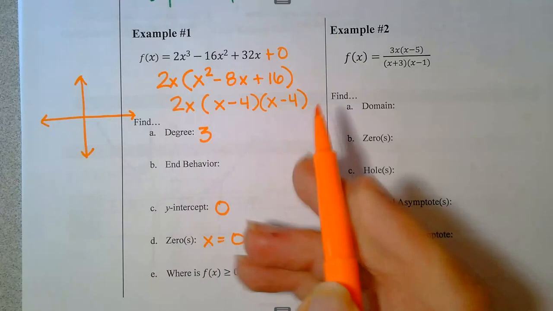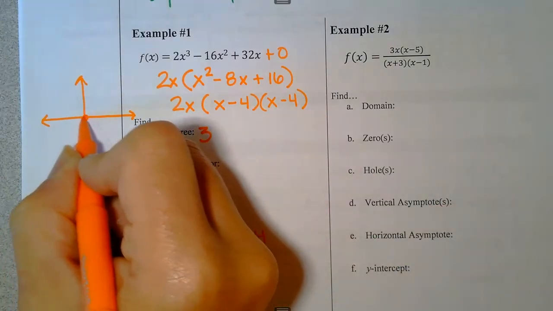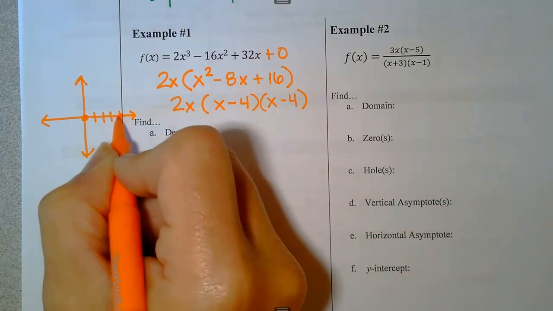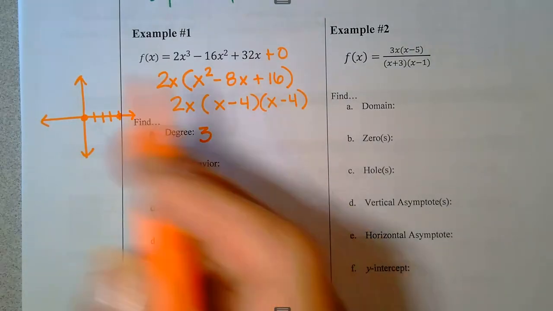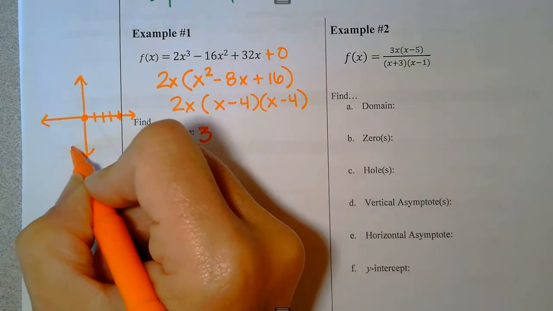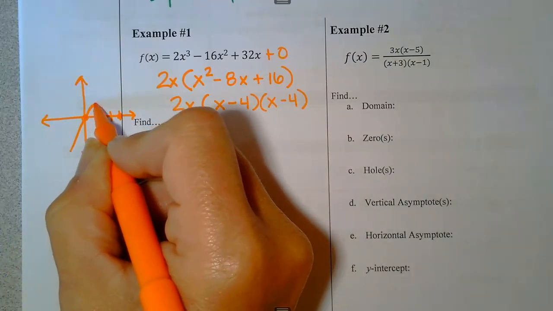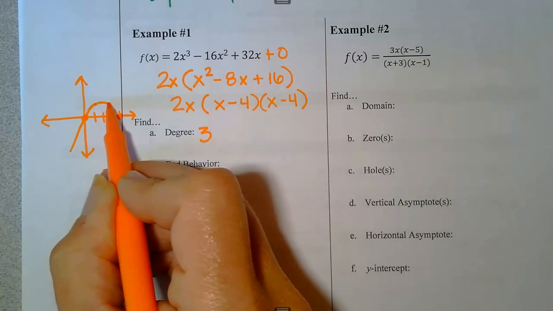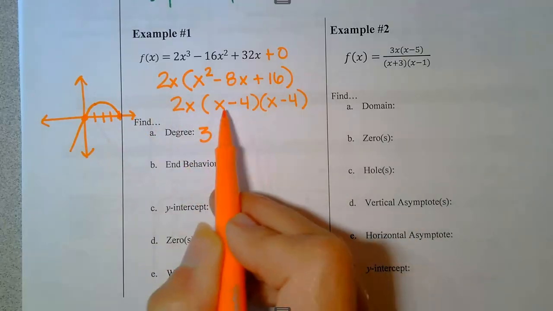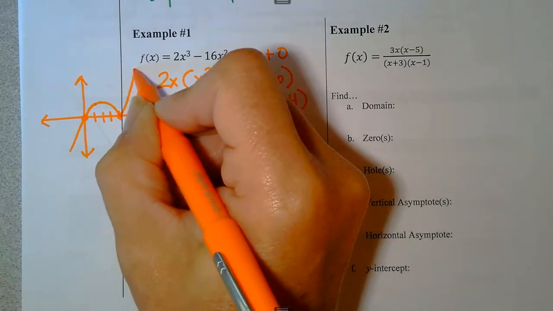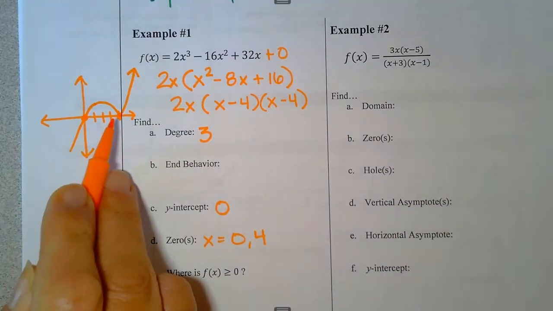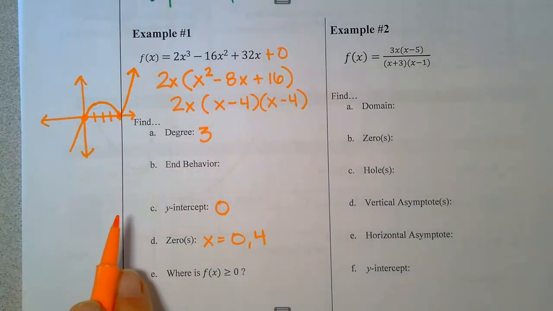It bounces off the 4 because there's 2 of them. So I'm going to start down here, go through 0, and then go down to 4. And since there's 2 of them, it bounces, so it's going to go back up.